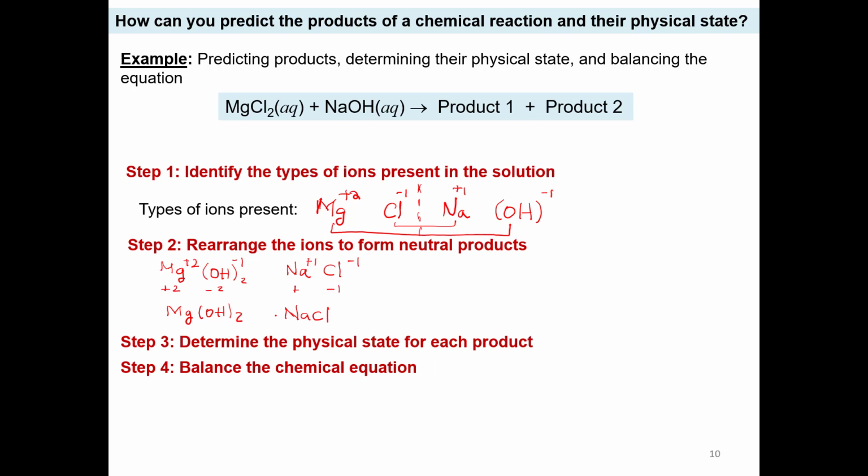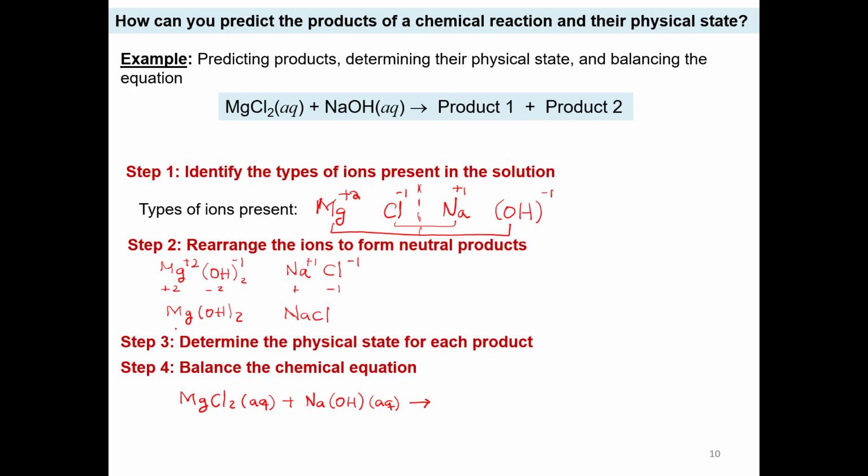Then let's now move to step number 3. We need to determine the physical state for each product. To do that, we will write the complete equation. Then let's start with the reactants. And we had magnesium, is AQ, and then now we will write the products we got.